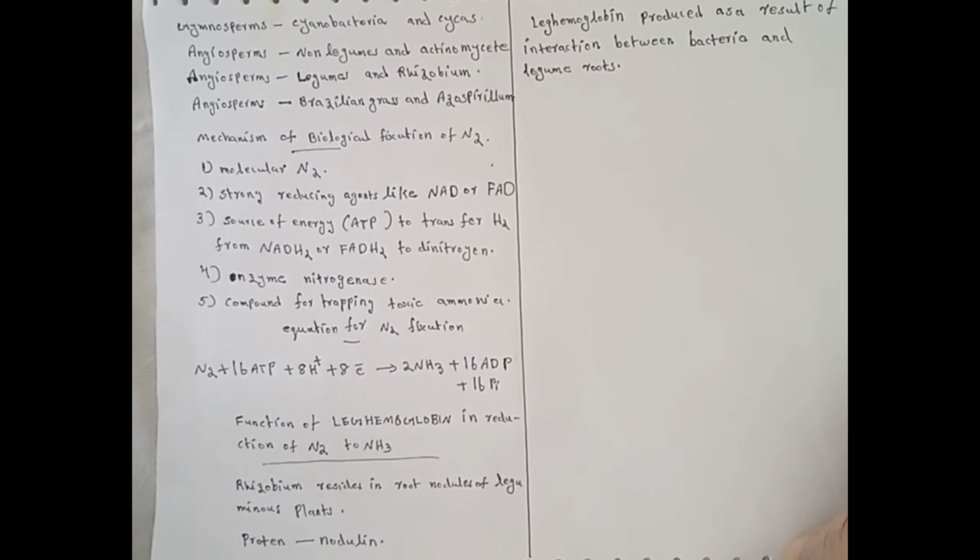The Rhizobium gene codes for the heme part and the legume root cell gene codes for the globin part.